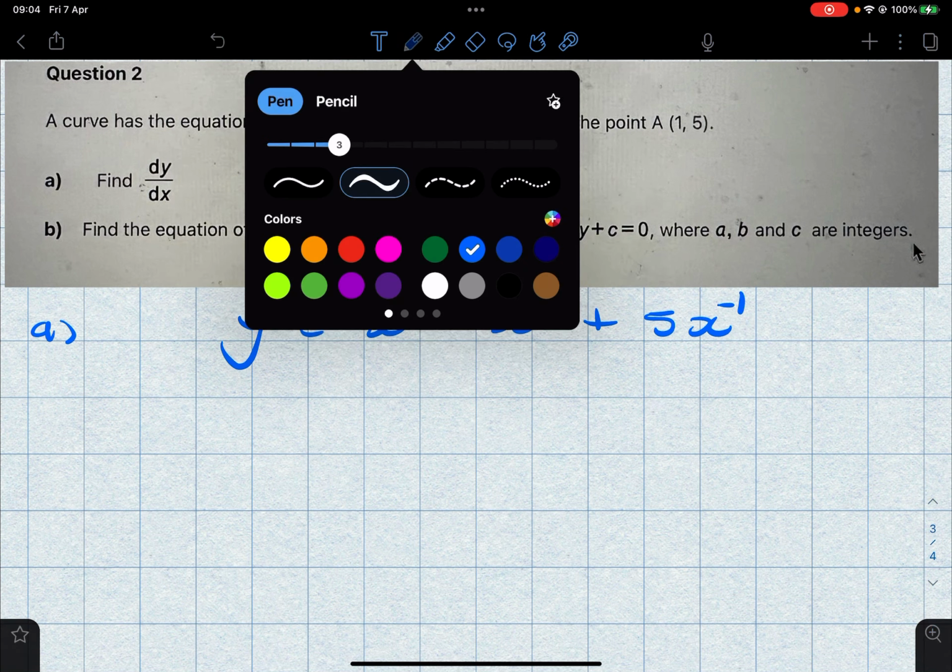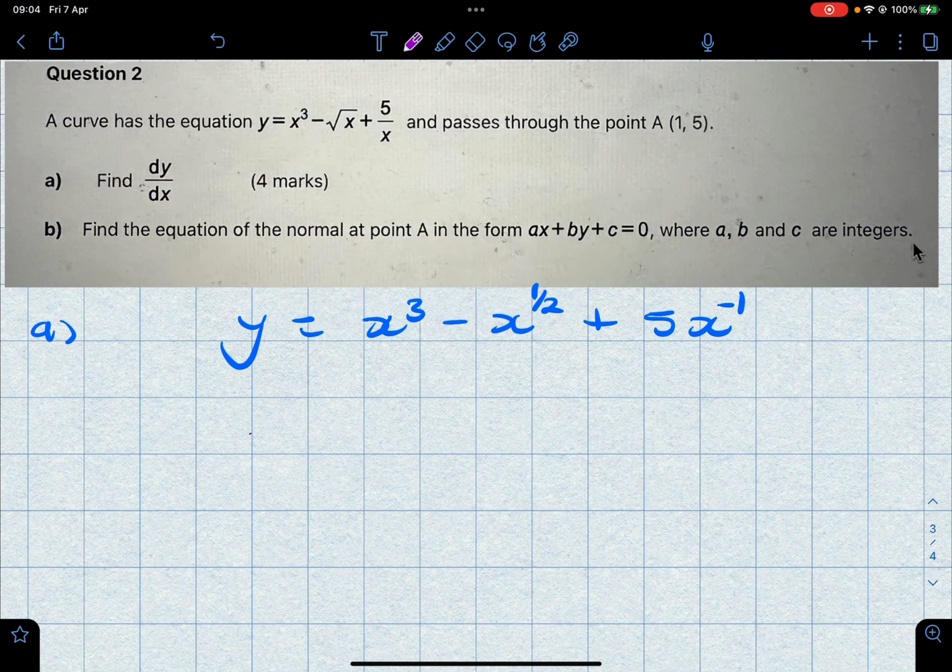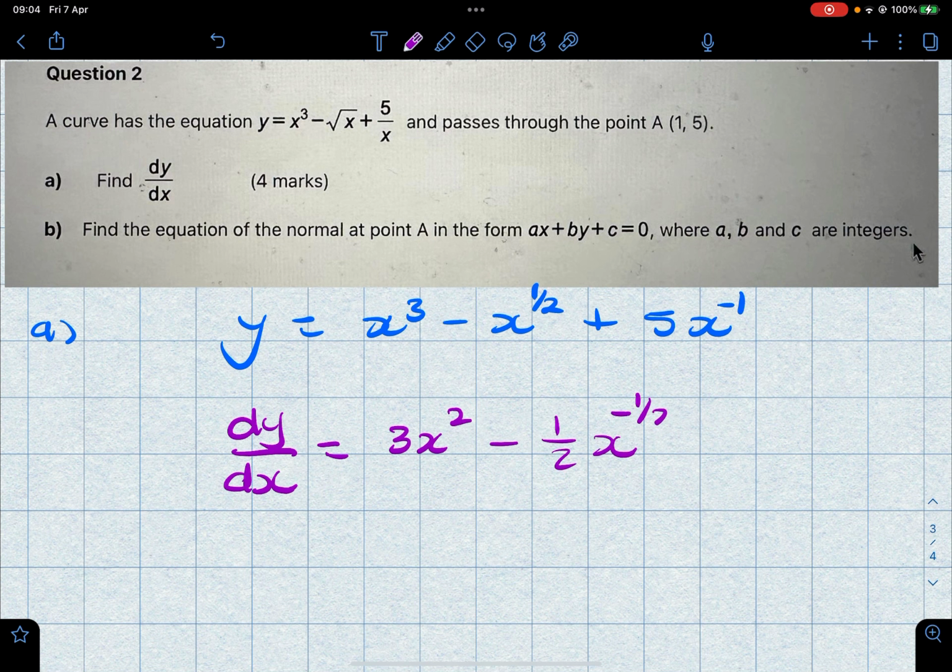So now it's much easier to find dy by dx, because you can simply multiply the powers. Remember, you need to subtract 1 from the powers. So here I multiplied 3, and then I subtracted 1. I multiplied by half, and then I subtracted 1.